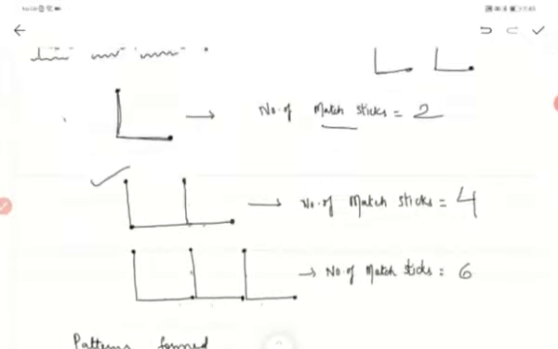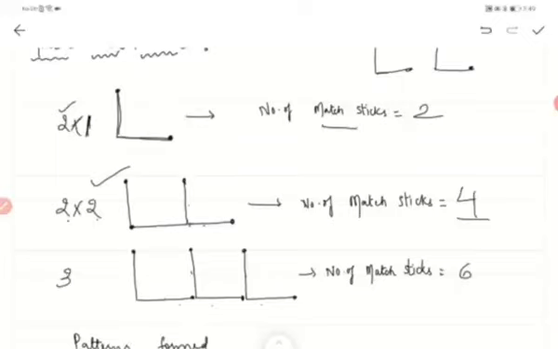So you can look at this pattern. For 1 L I need 2 matchsticks, and for 2 L's I want how many? 4. That is 2 into 2, right? To make 1 L I will need 2 matchsticks, so 2 into 1. For 2 L's, 2 into 2, I will need 4 matchsticks.